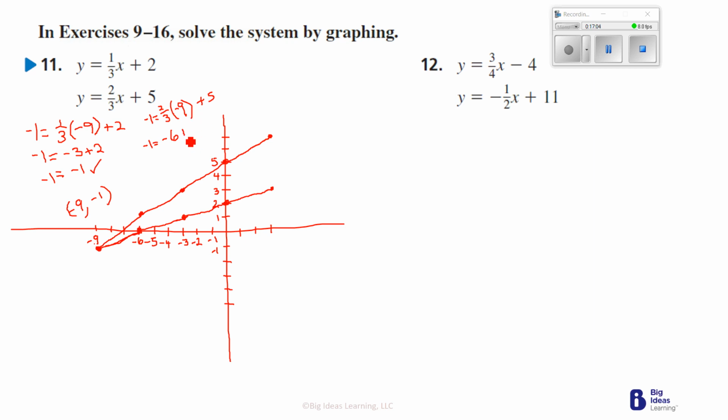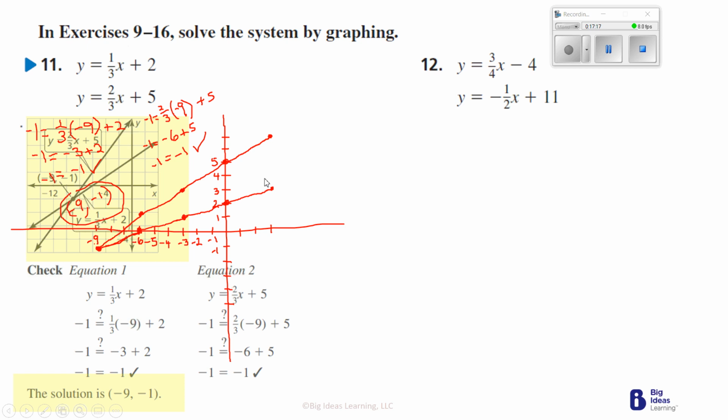And that would be -6 plus 5, and -6 plus 5 is -1. And that checks out. So we got the right numbers. So it would be -9 and -1. And there we go, -9 and -1.